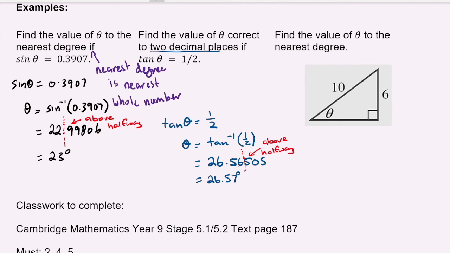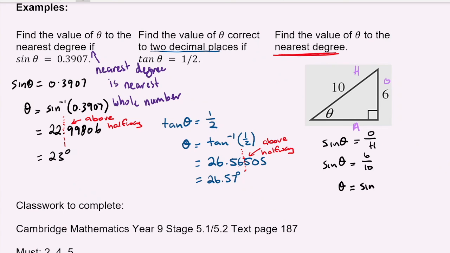Our next one along is once again to the nearest degree. Nearest degree meaning nearest whole number. Okay, if we label our sides, hypotenuse, opposite, adjacent, we're going to be using sine again. So sine theta equals opposite over hypotenuse. We've got sine of theta is 6 over 10. Doing exactly the same as what we did before.